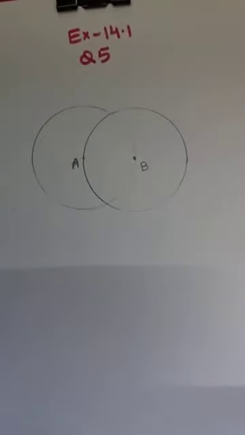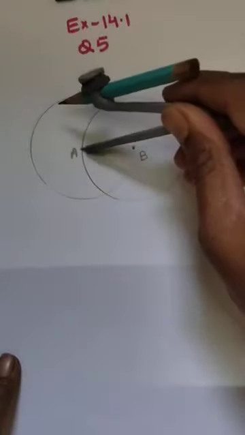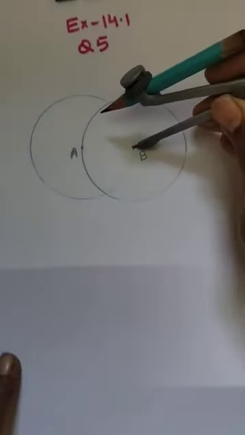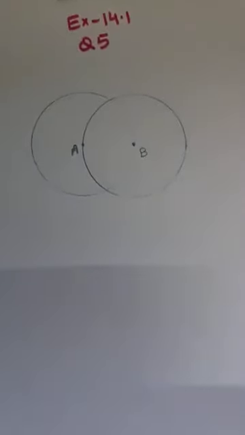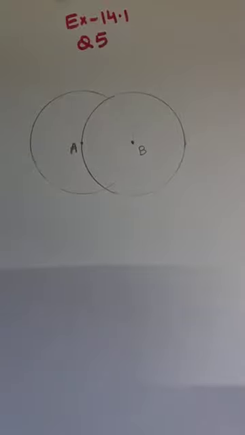How I have made? Let me tell you. First of all, I have drawn one circle simply like this. Okay. After that, from the circumference with the same radius, I have drawn one more circle. Now what is there? Draw them so that each one of them passes through the center of the other. We have drawn. Let them intersect at C and D.